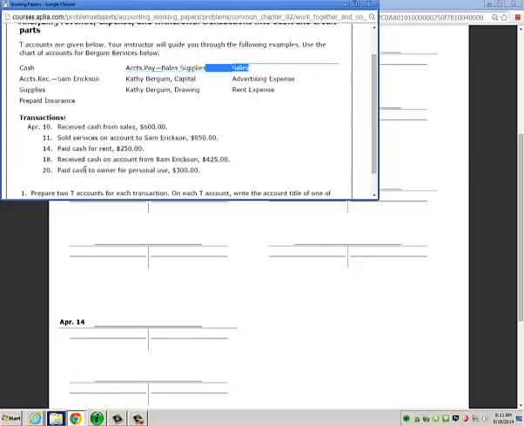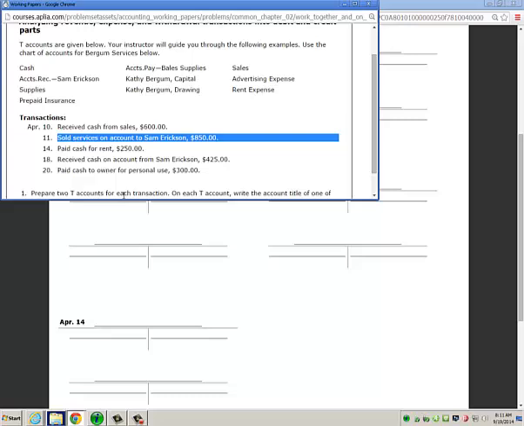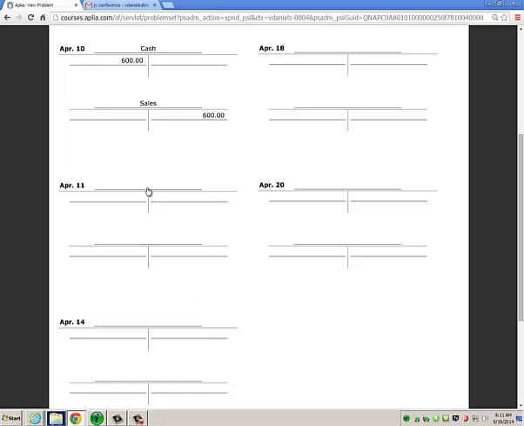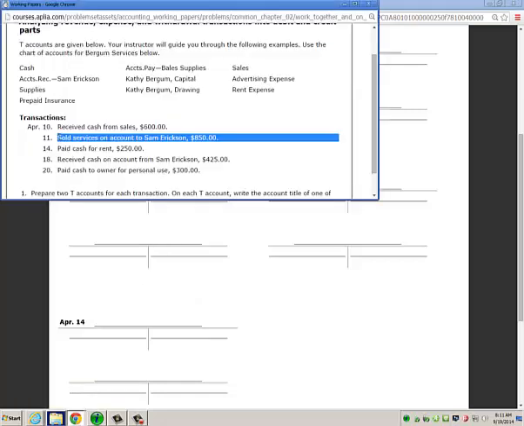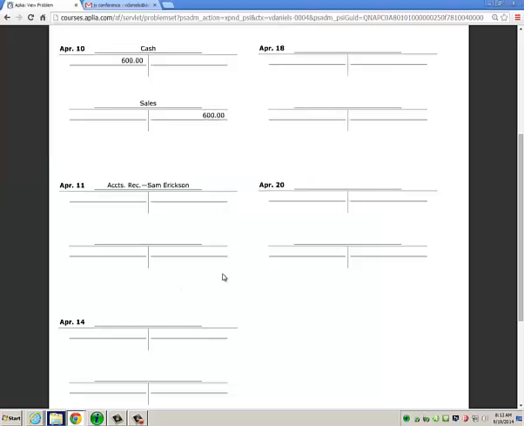The next one, sold services on account to Sam Erickson. In this case, cash isn't involved, so you're probably thinking, all right, we're thinking of an accounts receivable or an accounts payable. In this case, we are going to be owed something, so we are looking at accounts receivable Sam Erickson. Now we have to figure out what these words mean right here. Sold services means sales again.